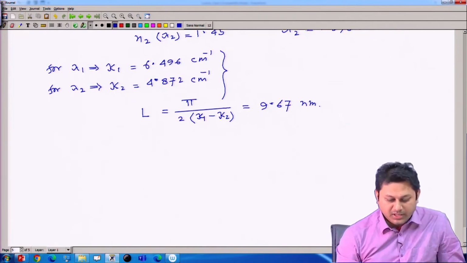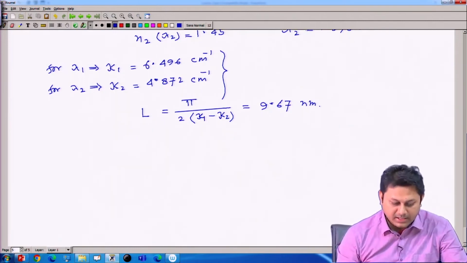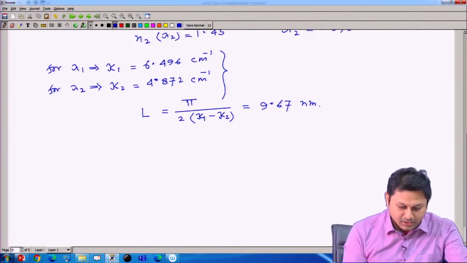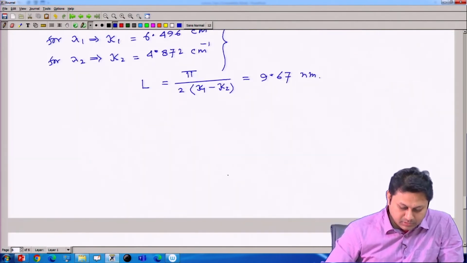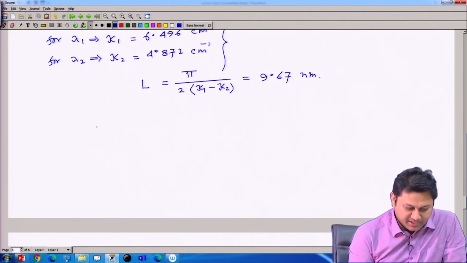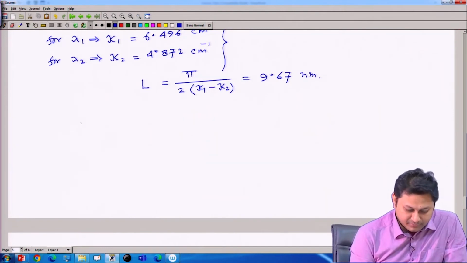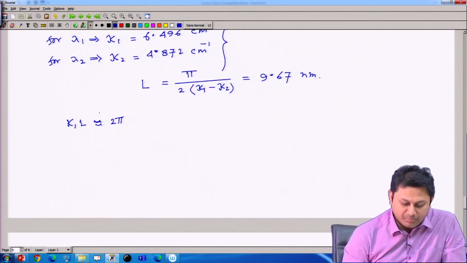Well, once we know the value of L, then I can find out one thing. So, for this interaction length, what happened? For this interaction length, we can have kappa 1 L coming out to be very close to 2 pi, if we calculate, because we know L, we know kappa 1.